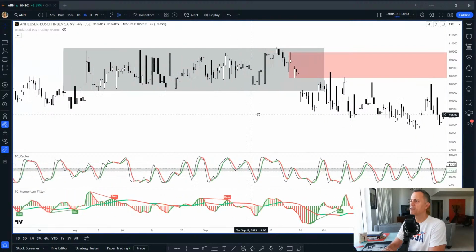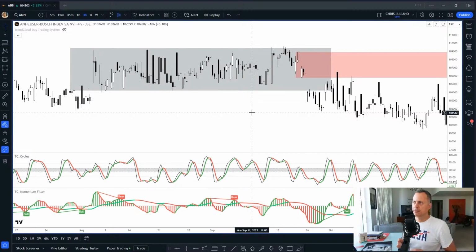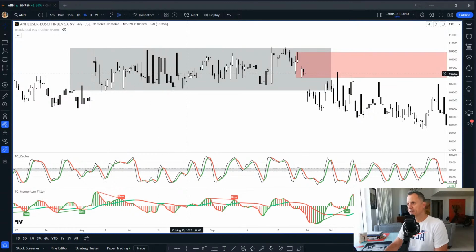It's very interesting stuff. The longer the consolidation on the high time frame, the longer that rectangle, when you get a breakout of something that goes for weeks and weeks, I believe he likes it to be at least 4 to 6 weeks long in that consolidation.